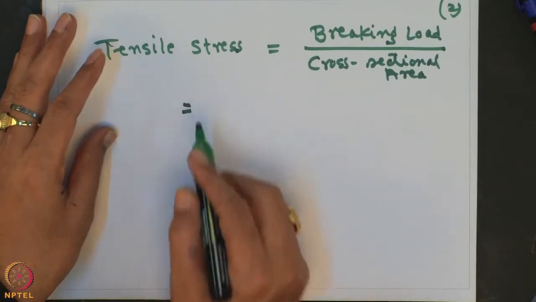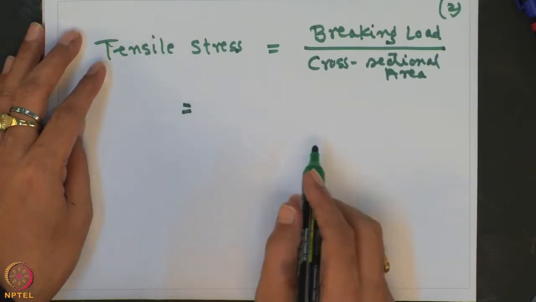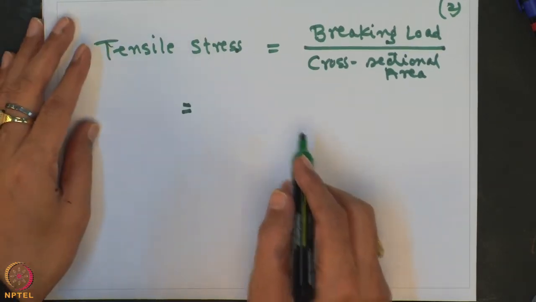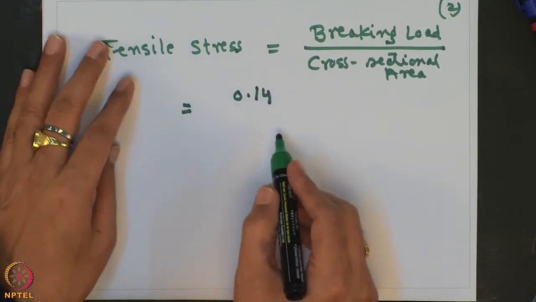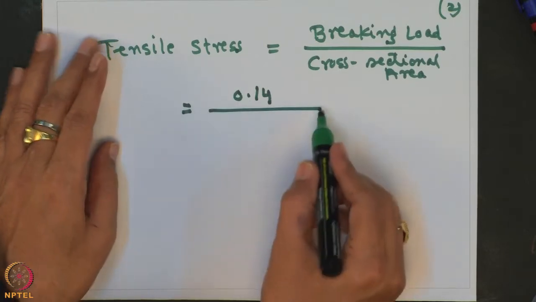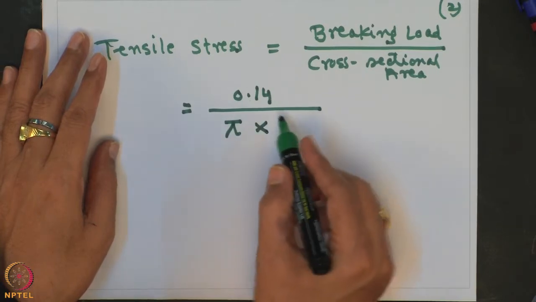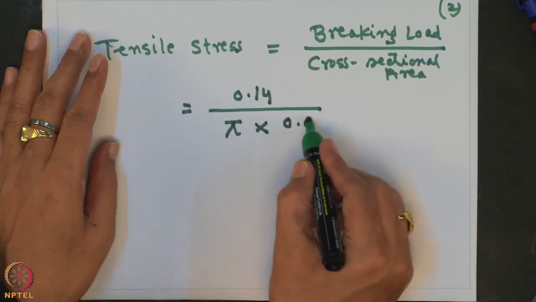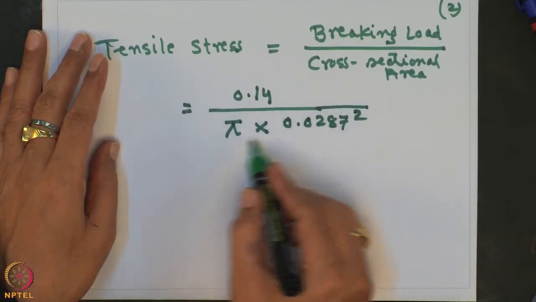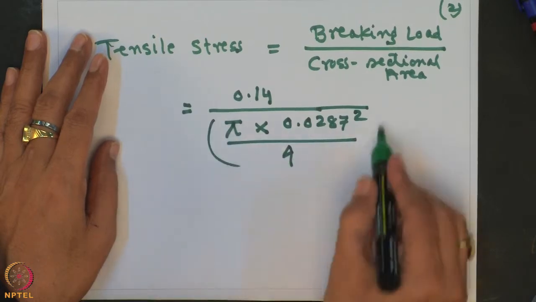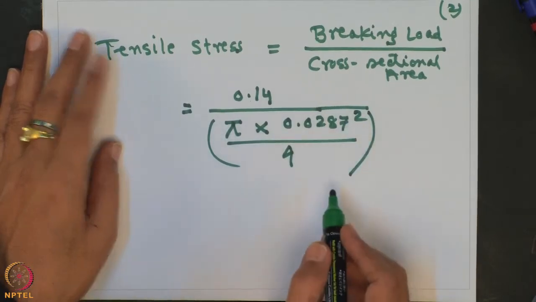So, here breaking load, let us say 0.14, divided by pi into cross sectional area, I have told 0.0287 this square, this divided by 4, because this is pi by 4 into d square and d is this.